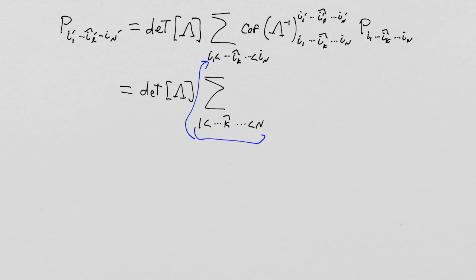And then the cofactor, this cofactor, and you can go back to our lesson on determinants. The cofactor is the minor of the complementary matrix, right? So that's the determinant of the complementary matrix multiplied by a factor that's going to be plus or minus 1 depending on a bunch of things, and it's times a generalized Kronecker delta function.